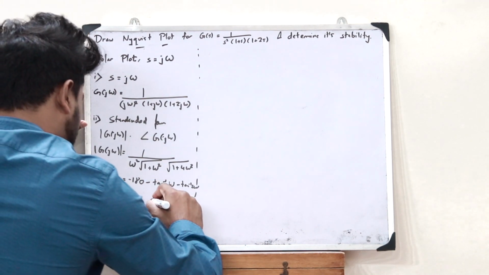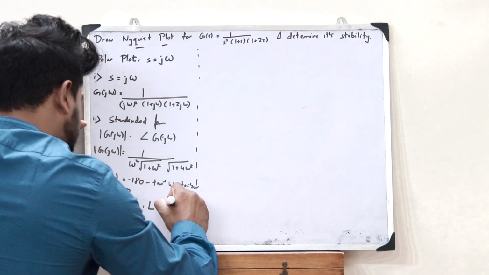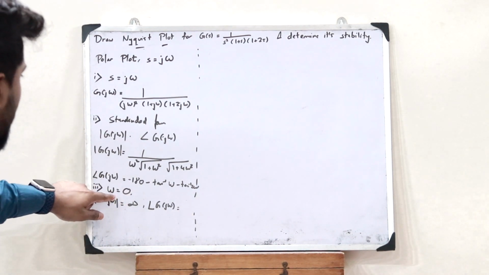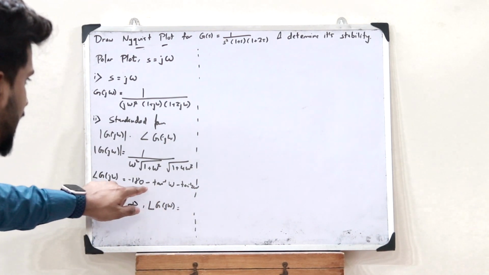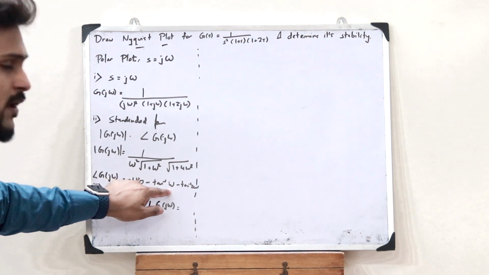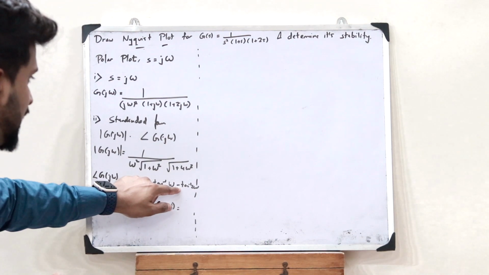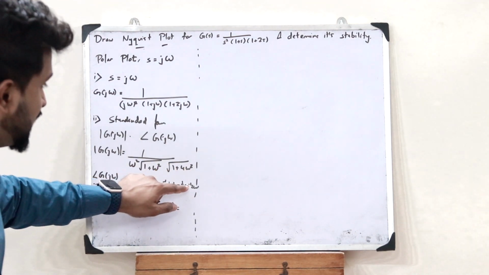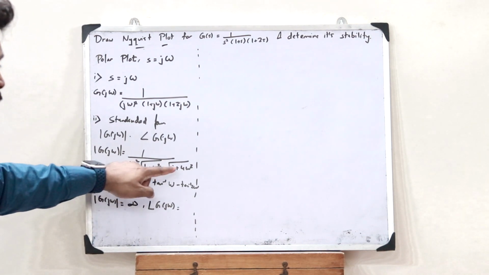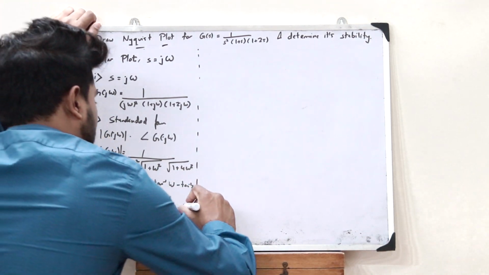But the phase of g of j omega becomes, substituting omega is equal to 0 in this equation, minus 180 minus tan inverse 0, which is 0. And here tan inverse of 2 into 0 is tan inverse 0, that is also 0. So this becomes minus 180 minus 0 minus 0, which is equal to minus 180 degrees.